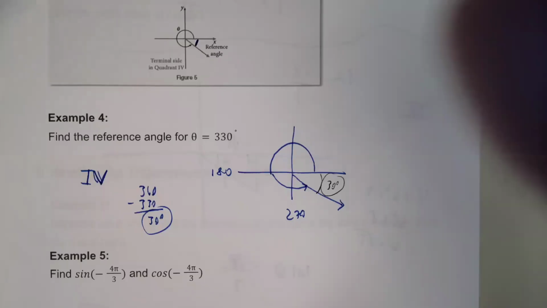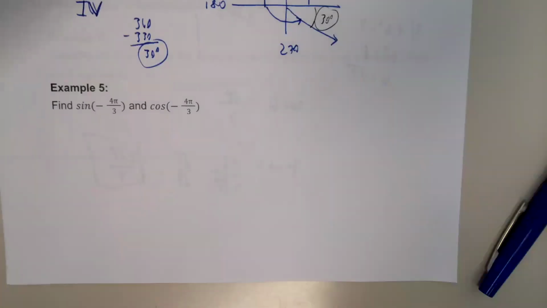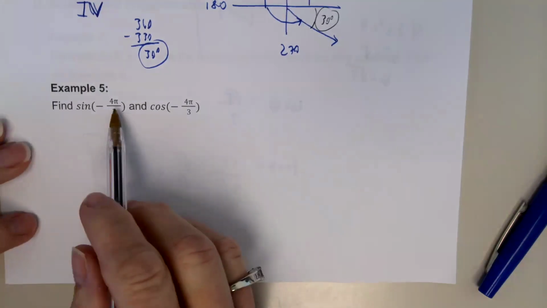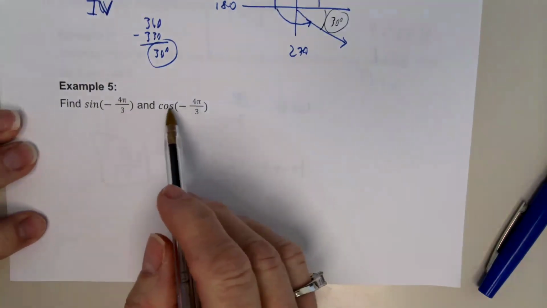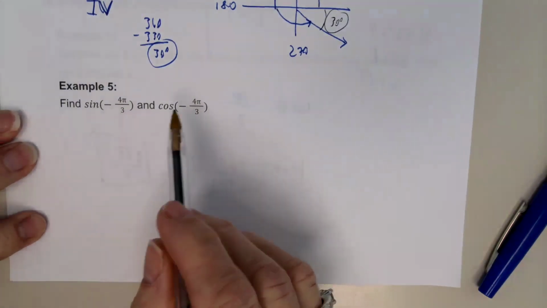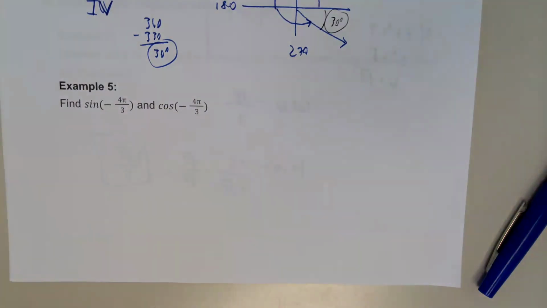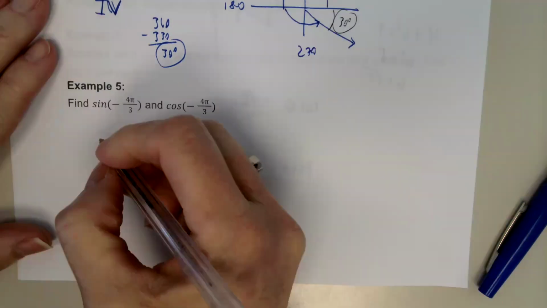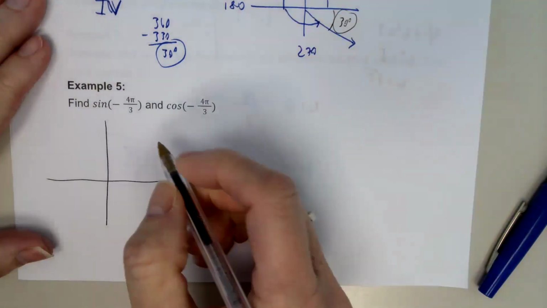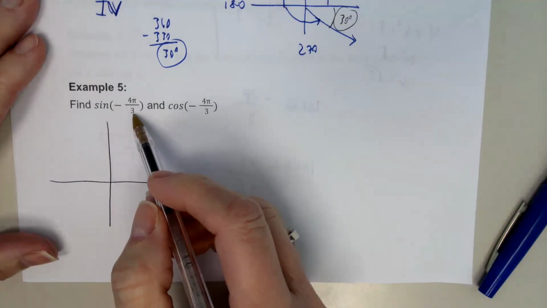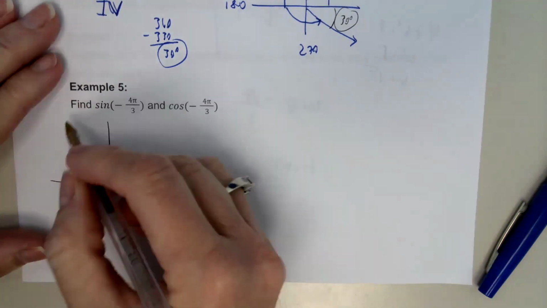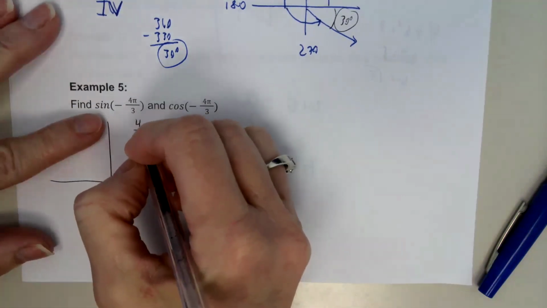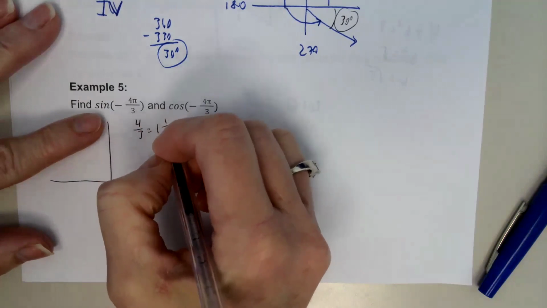Okay, let's look at example 5. It says, find the sine of a negative 4 pi over 3 and the cosine of a negative 4 pi over 3. Okay, so a negative 4 pi over 3 means that I'm 1 1/3, because 4/3 is 1 1/3.